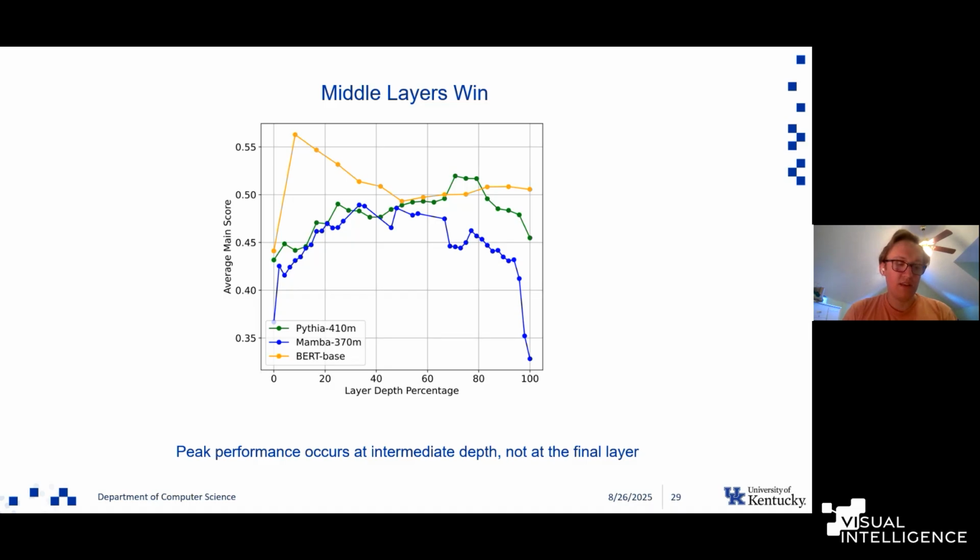So these are the encoder-only models where you mask out some words and try to predict the words from the surrounding context during pre-training. And Mamba is also trained with next token prediction, but this is not a transformer. This is a state space model. So three different model families shown here, and across the board we're seeing this behavior of peak performance in the intermediate layers.